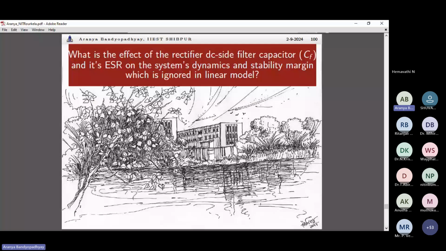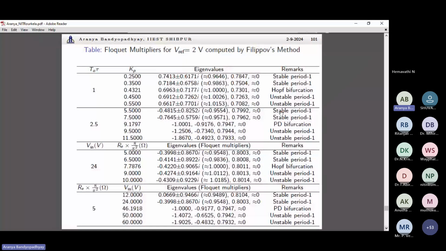Also, what is the effect of the rectifier side filter capacitor? Because we often tend to ignore it. This is a very detailed table, but this basically shows what is the type of instability that manifests. And these eigenvalues have already been computed by application of the Filippov method.